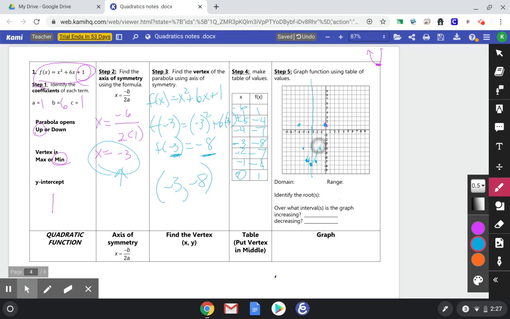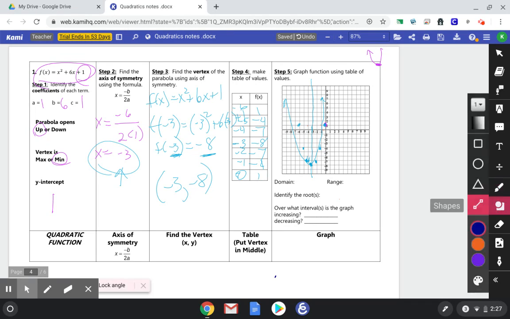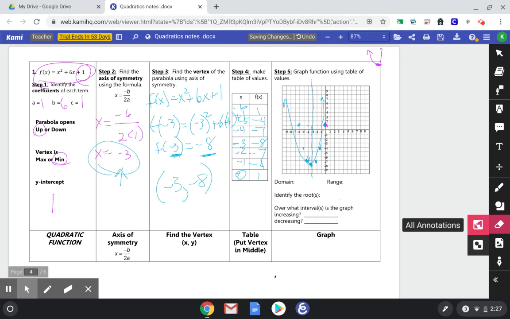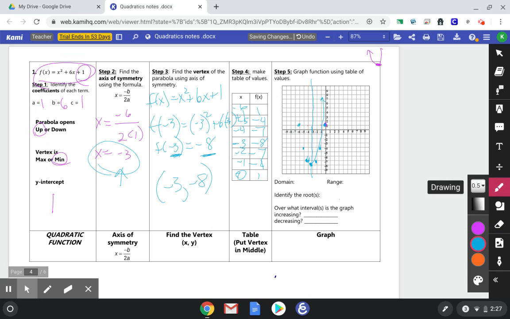And I can draw my curve going, oh, that's terrible. I can draw my curve going up the best that I can, connecting those points. And this is the equation f of x equals x squared plus 6x plus 1.